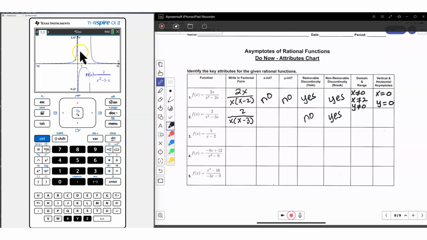The y-intercept, it appears that there's no y-intercept because you see the graph here. If I trace the graph, you notice it doesn't cross the axis. So I want to say no, it doesn't have a y-intercept. You can also try to evaluate.